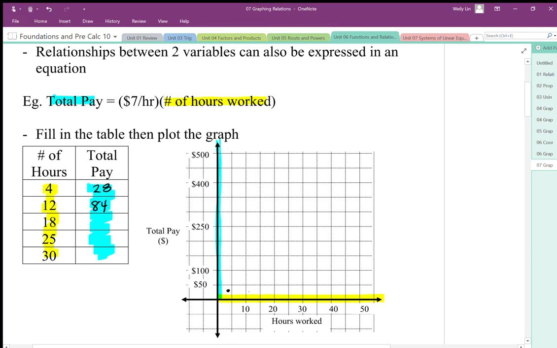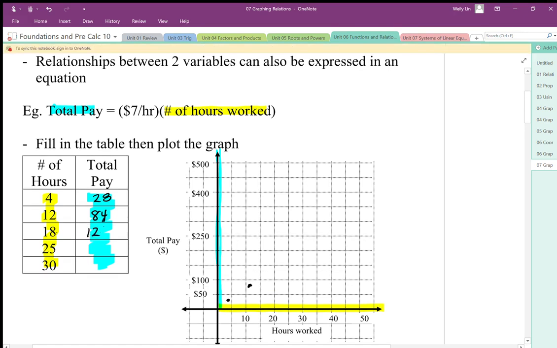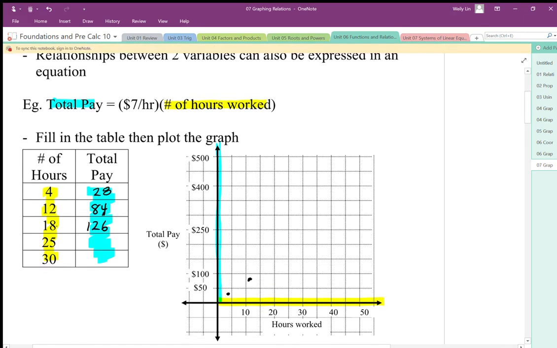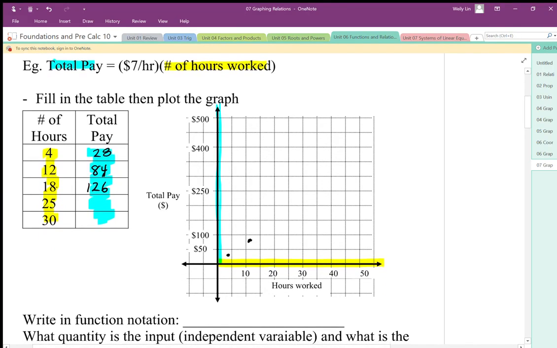So at 12 hours we're going to get about up here for our total pay. 18 hours times $7 an hour, well, 10 times 7 is 70, 8 times 7 is 56, so adding those together I get $126 of total pay. So at 18 hours, 125 is right about there.